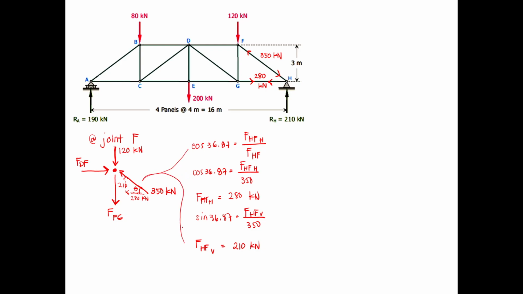We know that the upward force of the 350 diagonal force is 210. Then if you subtract 120, notice that it is not yet balanced. To make the joint in equilibrium, we still need to add force FG of a certain amount.